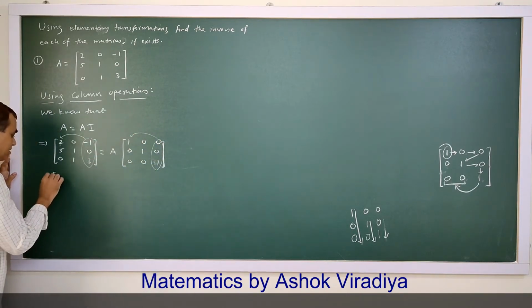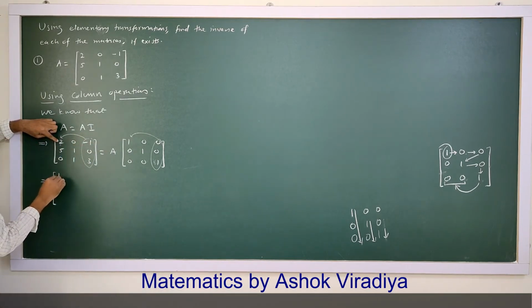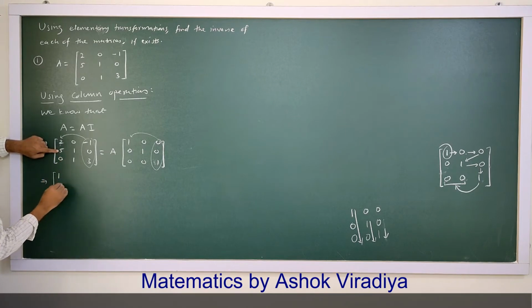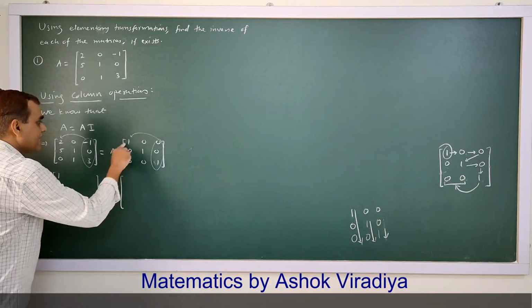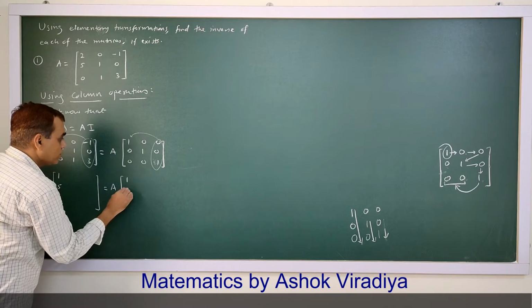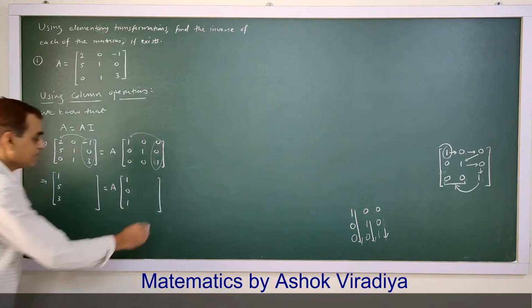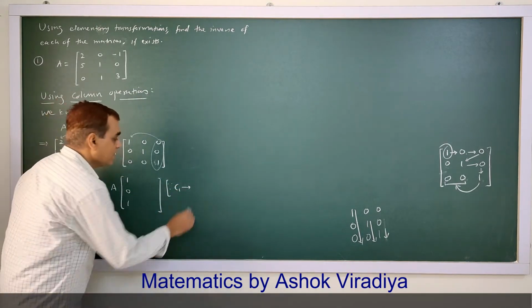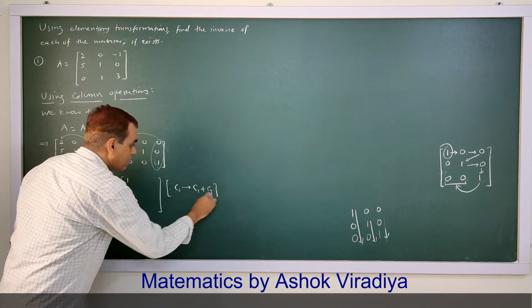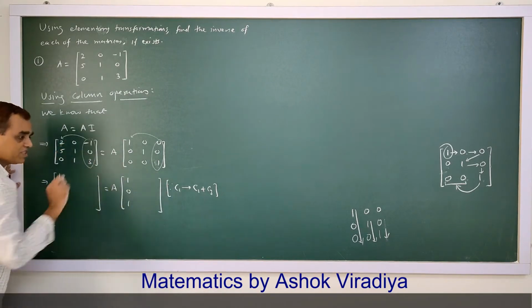So that is, I am adding third column in first column. So 2 minus 1 is 1, 5 plus 0 is 5, 0 plus 3 is 3, equal to A into, adding here 0, 1, 0 plus 0, 0, 0 plus 1 is 1. So what is done here? Change is done in first column. In first column, third column is added. So change will be first column.